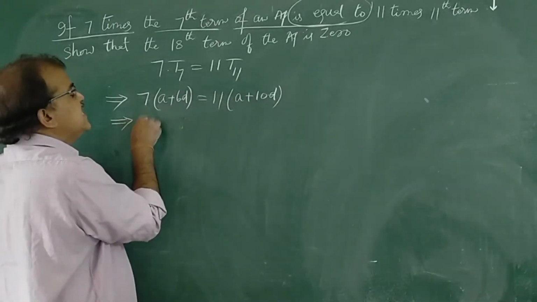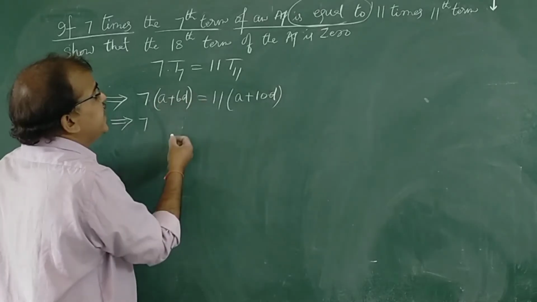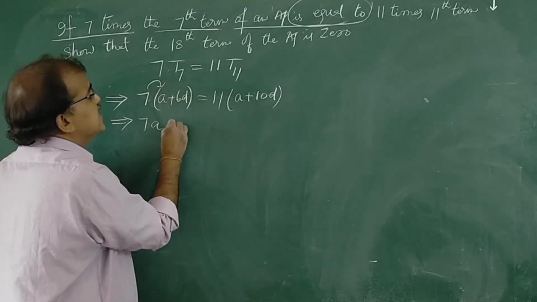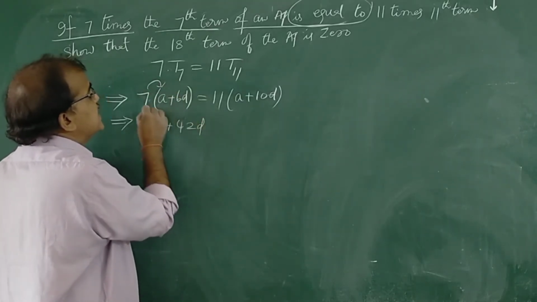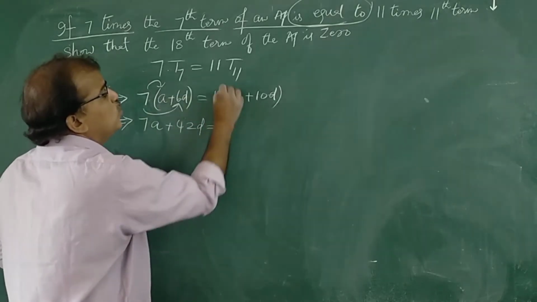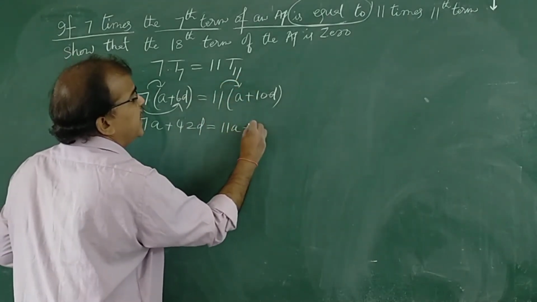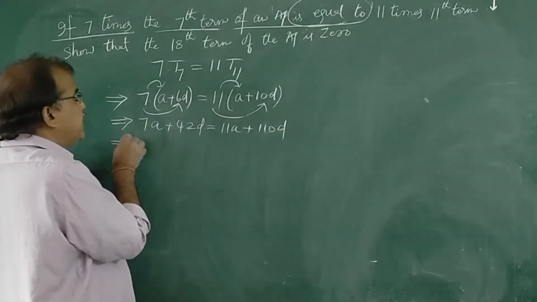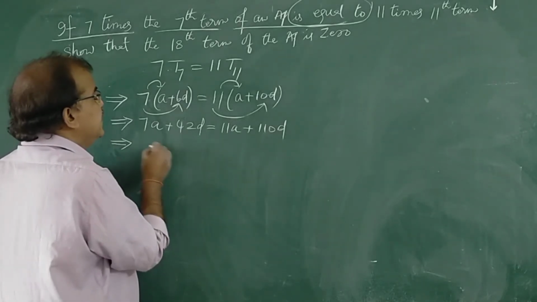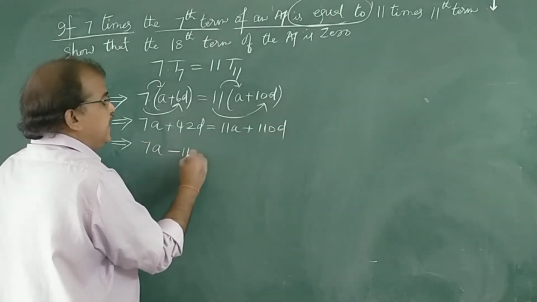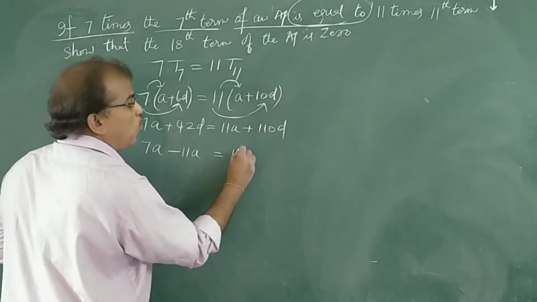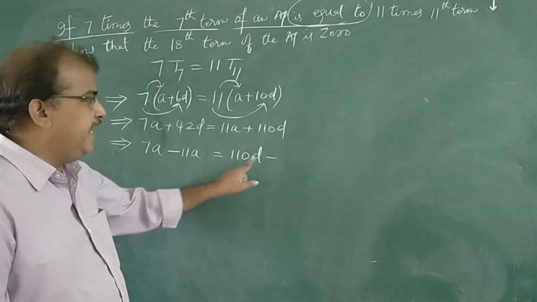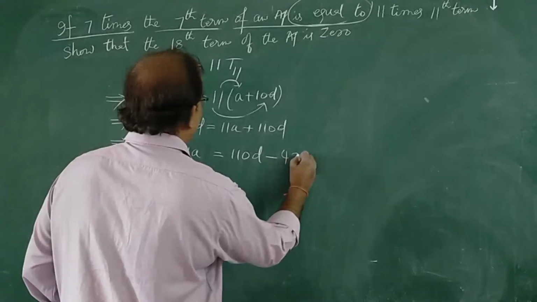That implies 7 into (A plus 6D). By the distributive property, 7A plus 42D, since 7 sixes are 42D, is equal to 11A plus 110D. That implies 7A minus 11A is equal to 110D minus 42D.